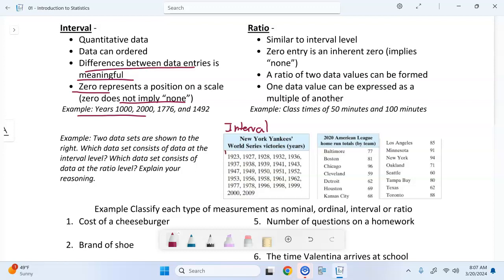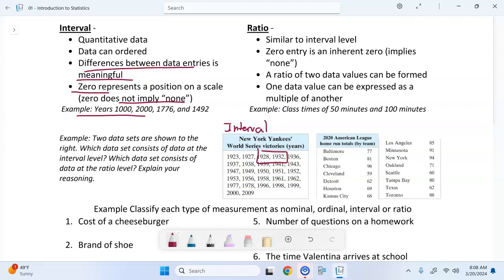If I were to take those first 2 years and subtract them, there's a meaningful difference. 4 years between victories. And then I look at the next 2 and say there was 1 year between victories, and then 4 years between victories, and then 4 years between victories. So there's a meaningful difference. So that's how we know that it's interval and not ordinal. And how we know it's interval and not ratio is that 0 doesn't imply none.